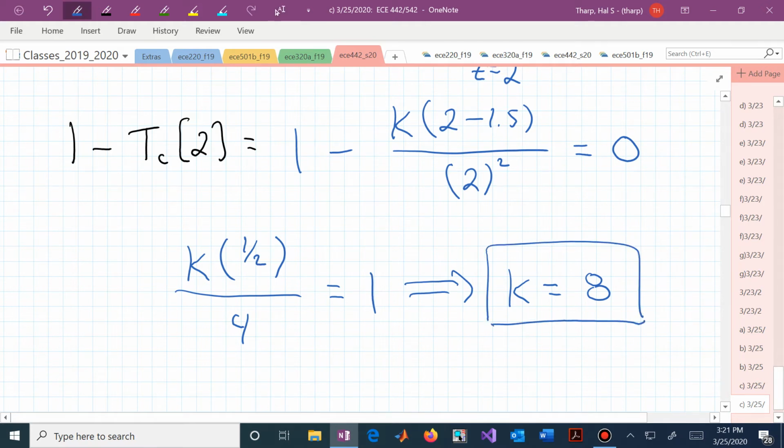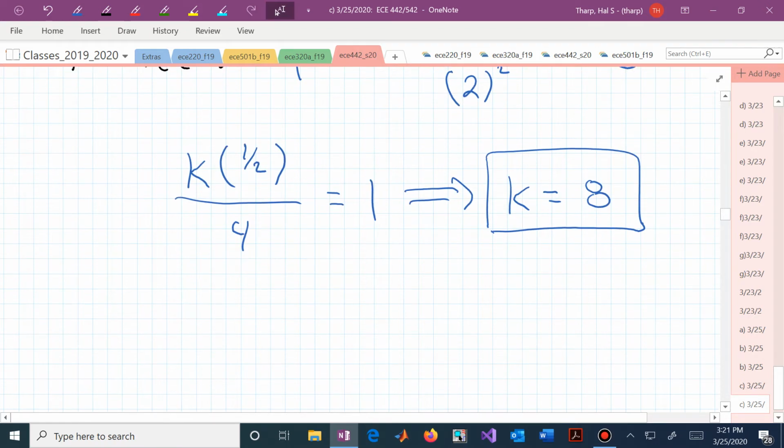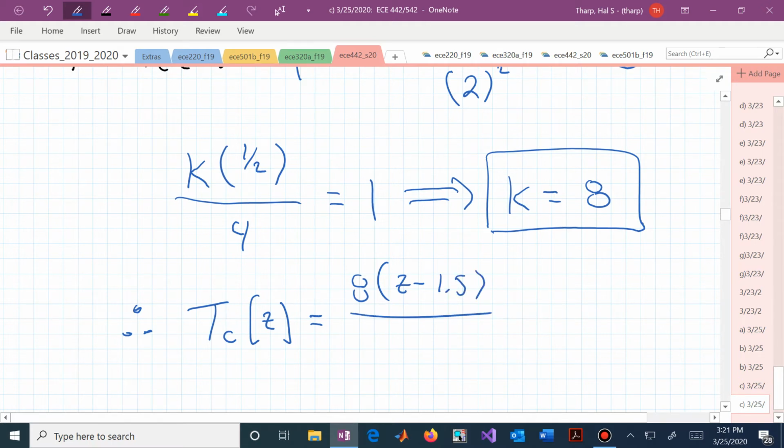Now we've found everything that was yet to be determined in t sub c of z. Our desired closed loop transfer function is now 8 times z minus 1.5 over z squared.